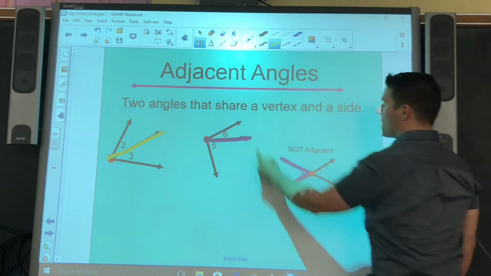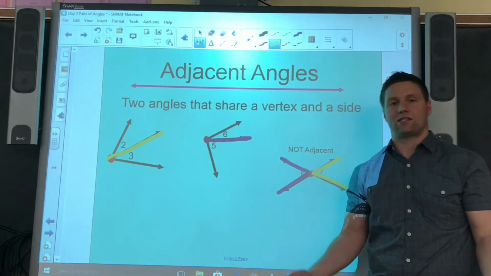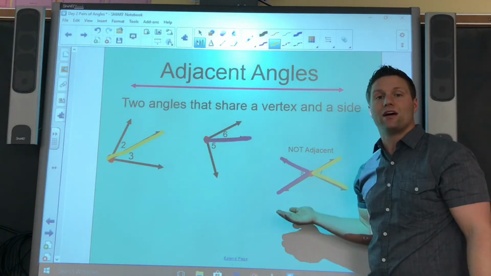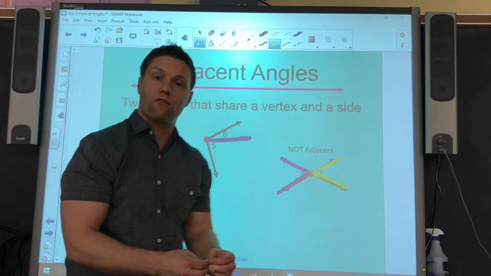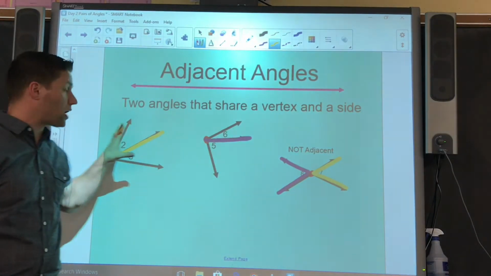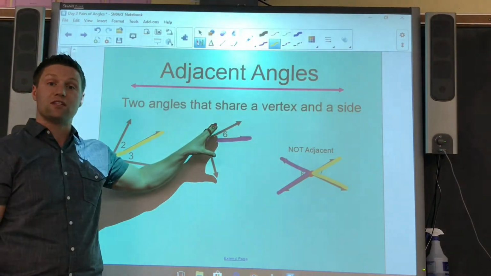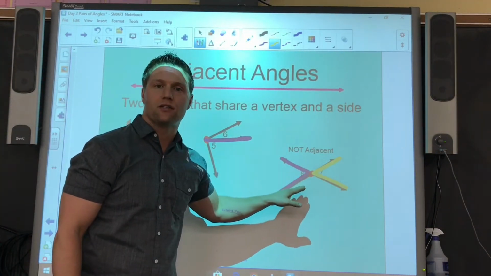The sides that are on angle 7 are this one and this one. So they don't share a side, therefore they're not adjacent. Adjacent angles need to share a vertex and need to share a side. That's why 2 and 3 and 5 and 6 are adjacent, but 7 and 8 are not.